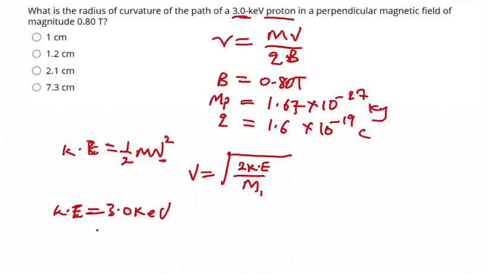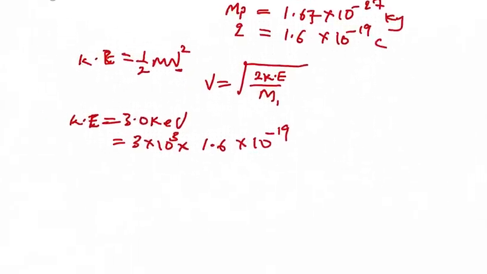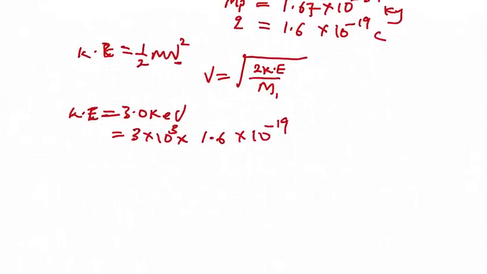The kilo here signifies times 10 power 3, and 1 electron volt is 1.6 times 10 power minus 19. So if we simplify this using the calculator, we'll be getting 4.8 times 10 power minus 16 joule.